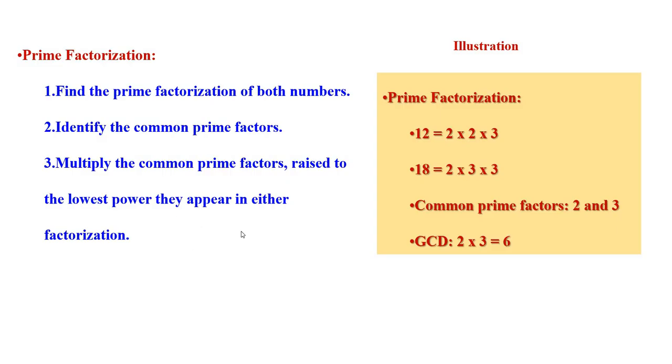In this case, you have only one of each, so there is no problem. Suppose you have 2 cube here and 2 square there, we will be considering 2 square. So in this case, we have 3 square here and 3 there, the smallest is 3 only. Here 2 square, there 2, smallest is 2. So you multiply them and you get this.